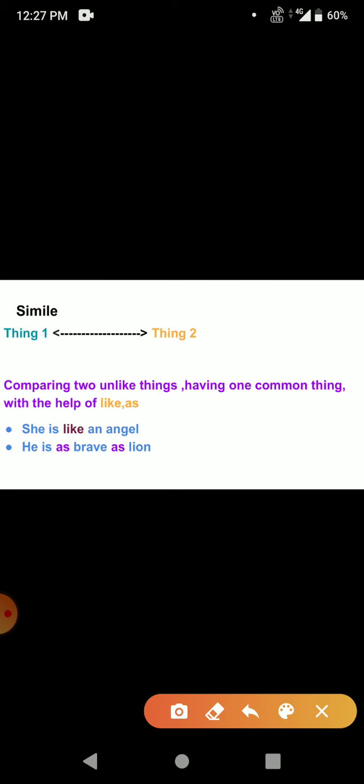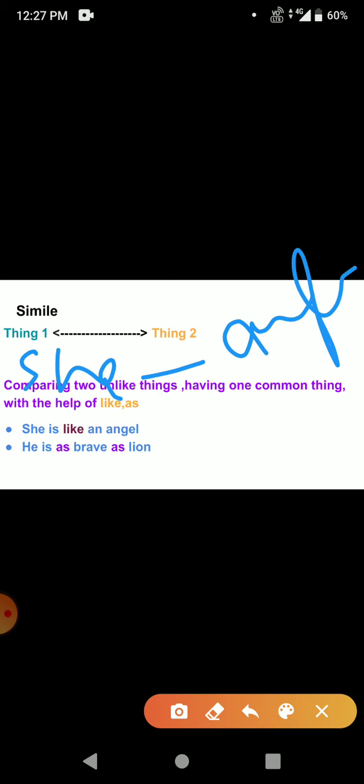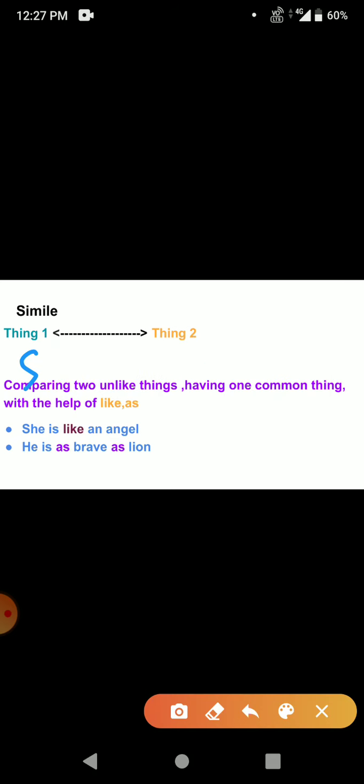So we say she is like an angel. So we are here comparing her with an angel. They are basically two different things, but they have one thing in common. They are beautiful or something else. But we here make use of like.